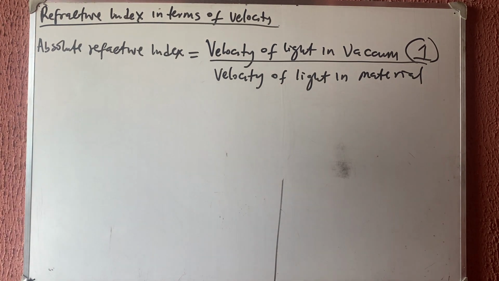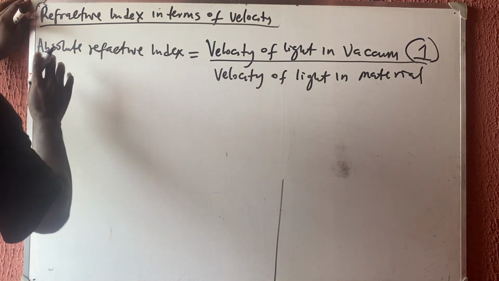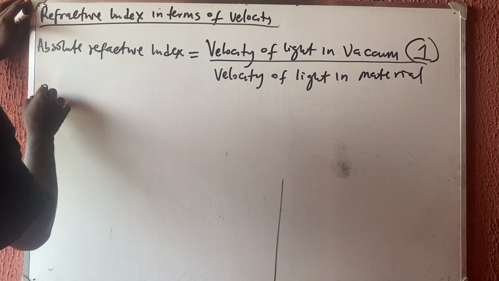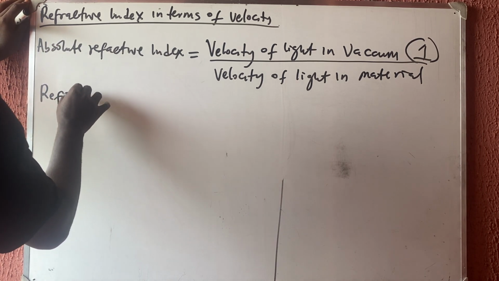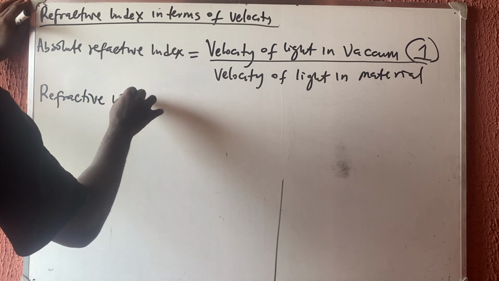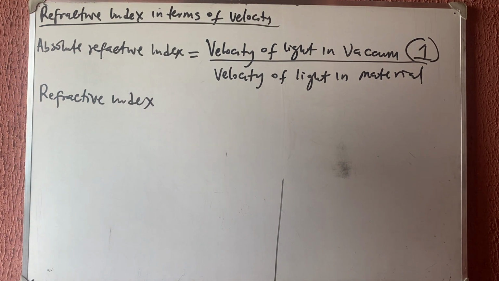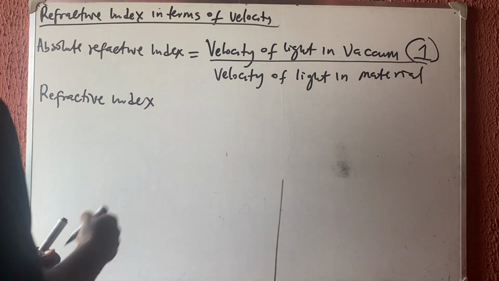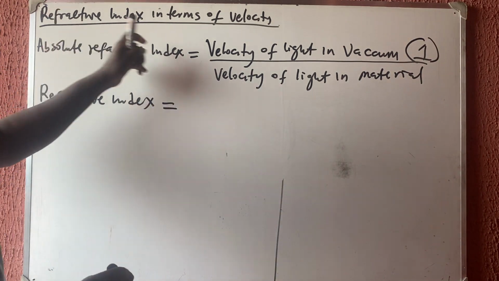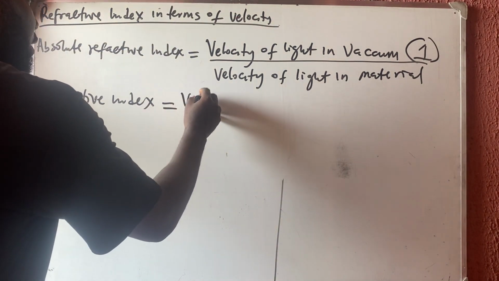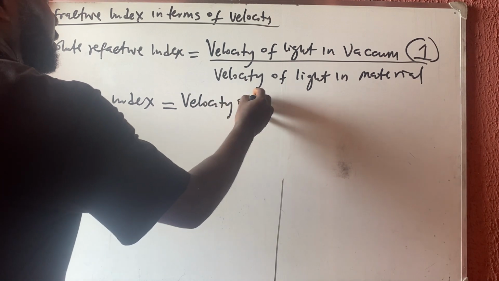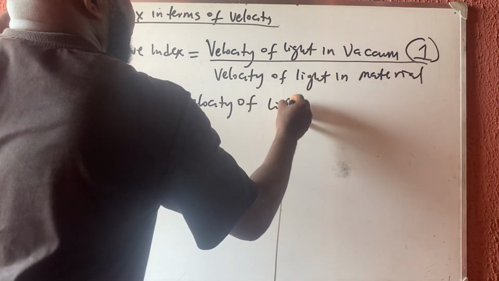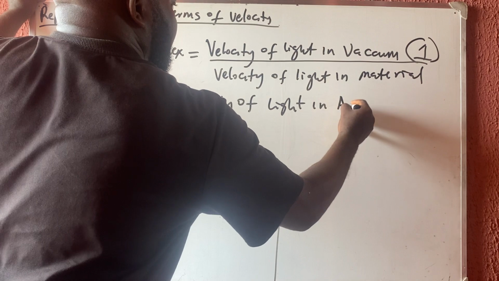Now if we remove this absolute, we want to get refractive index. The normal formula for refractive index, you know, is sine i over sine r. But another one I need to know in terms of velocity is the velocity of light in air.